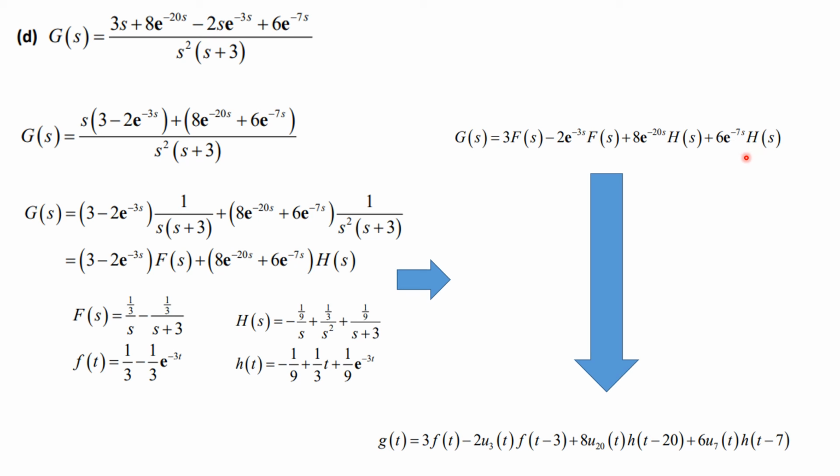And then we're going to invert all of these transforms, and we've already done all the work, so our final answer for g of t, the inverse transform, is going to be 3 f of t minus 2 Heaviside 3 of t, f at t minus 3, plus 8 u 20 of t, h of t minus 20, plus 6 u 7 of t, h of t minus 7.